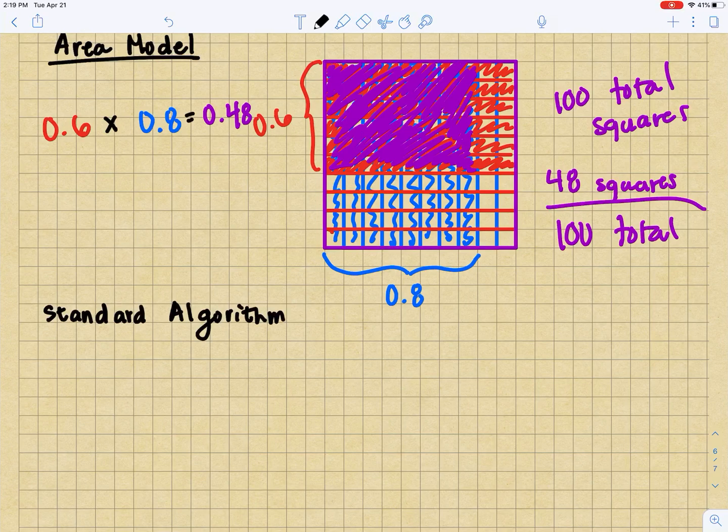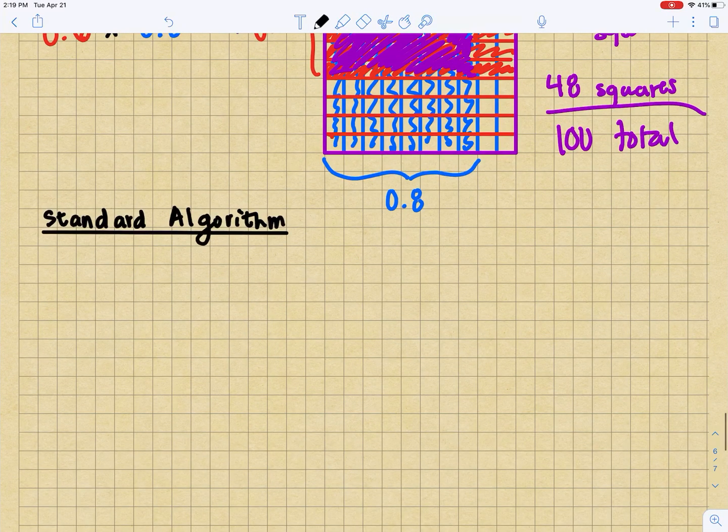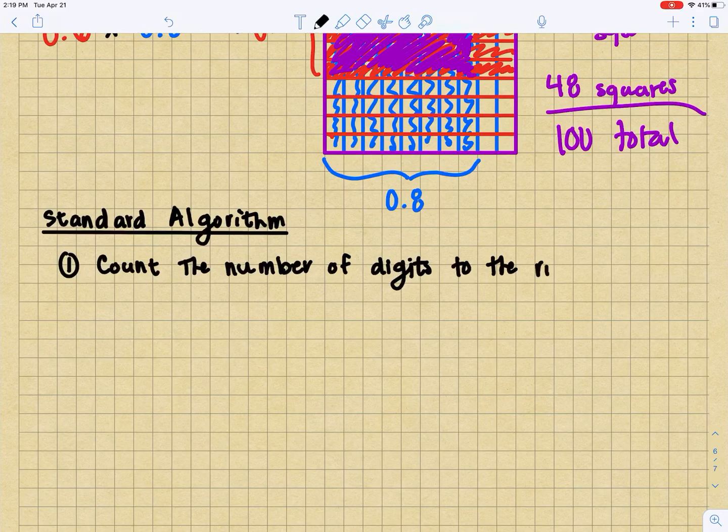So there are a few steps that we should know before starting this. The first step, you're going to count the number of digits to the right of the decimal.